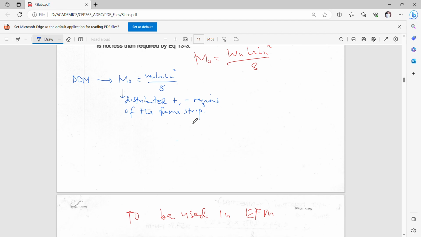This distribution is called the longitudinal distribution of moments, which is done by simply using a table, which is simply an ACI coefficient table.